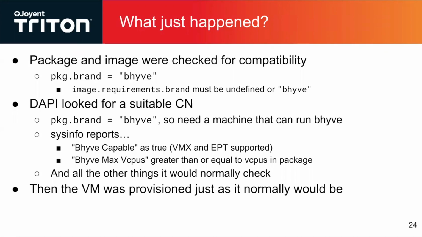Once that passes, DAPI will be charged with finding a suitable CN. It has an additional step that if package.brand is Bhyve, it needs to make sure that the machine can run Bhyve.